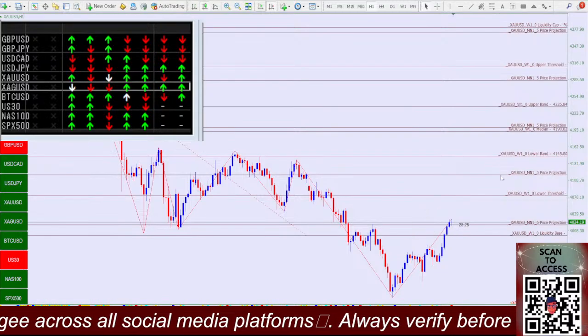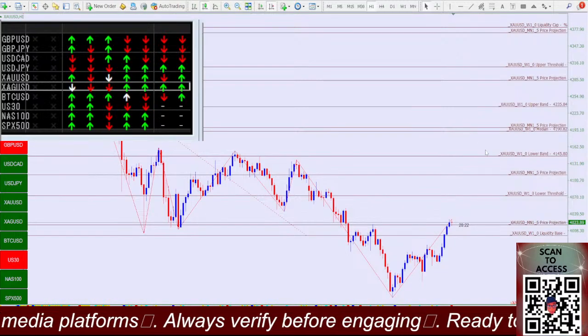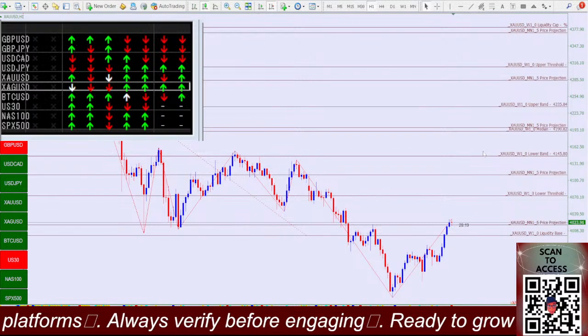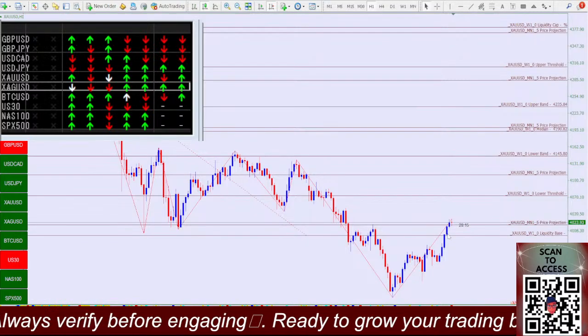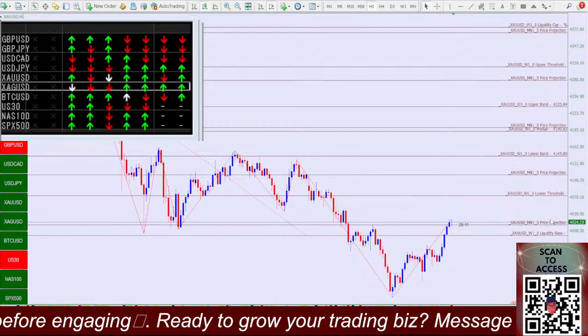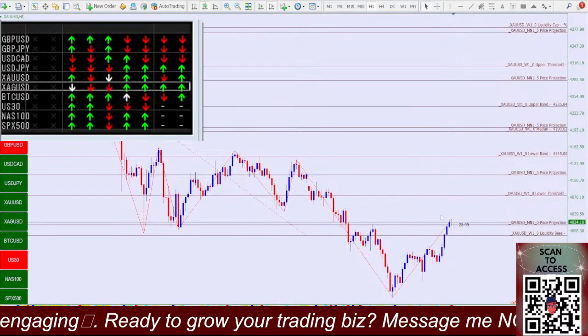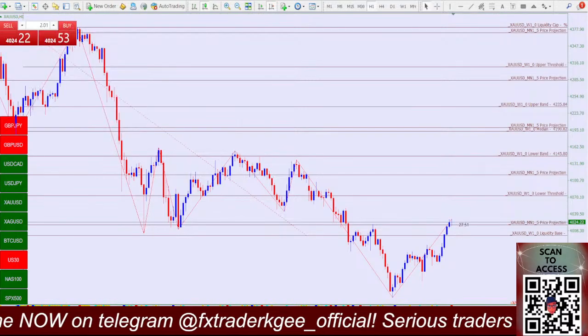The chart is actually making us see that from the liquidity cap to the liquidity base, this is what it is about. Still in the monthly chart, price is still inside the price projection. So once this goes up and forms a base anywhere inside any of these, and I always analyze, like I said earlier, all this.